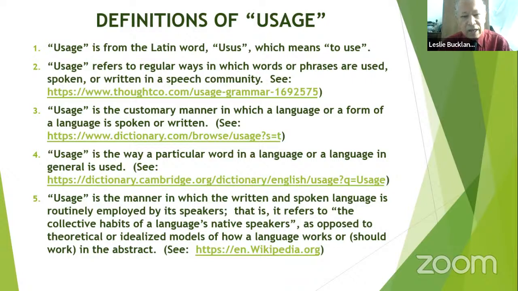That rather than prescribe how people should use a word or phrase, how it is already being used by the speakers should be recorded as a description of how they regularly use a word or phrase.